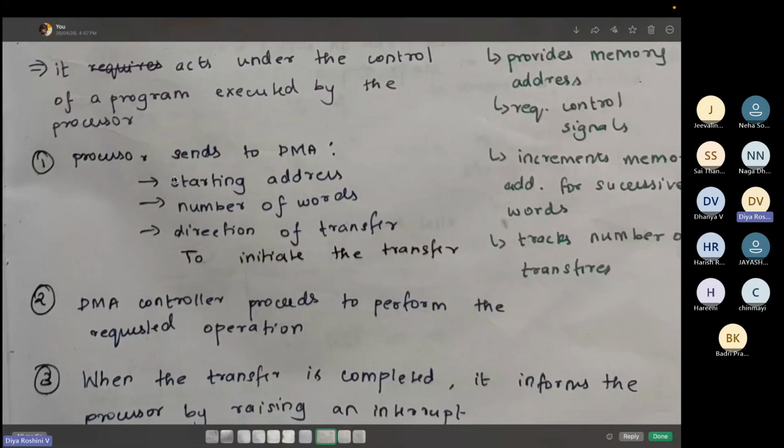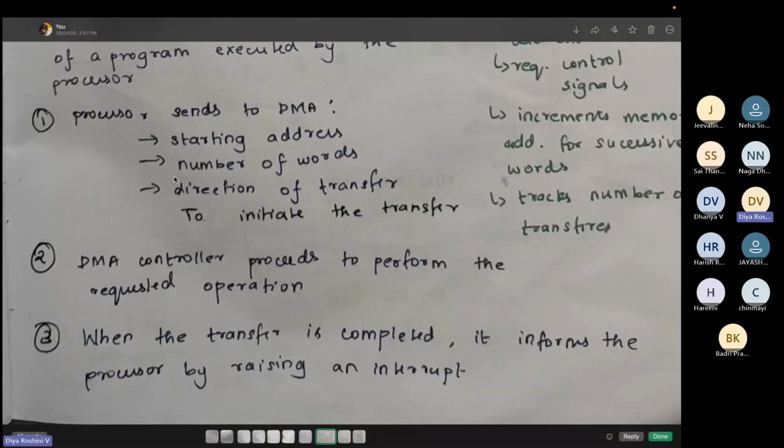The first step is the processor gives the DMA certain information: the starting address, the number of words to be transferred, and the direction of transfer, whether into the memory or from the memory to the device. This initiates the transfer. Then the DMA controller proceeds to perform the requested operation, doing the transfer one by one.